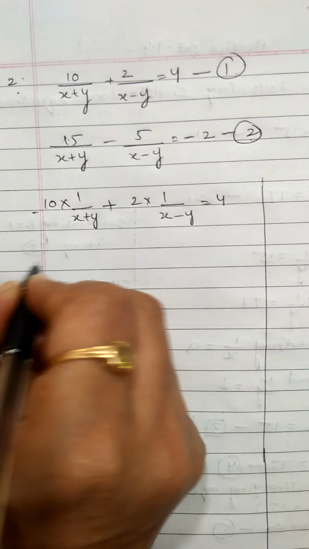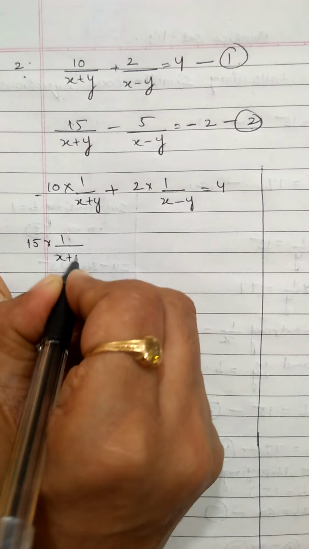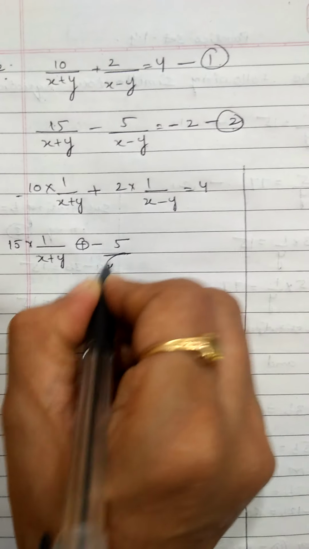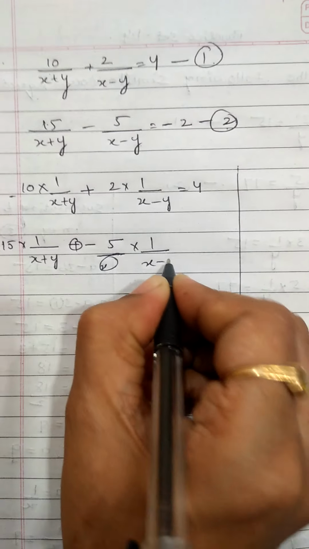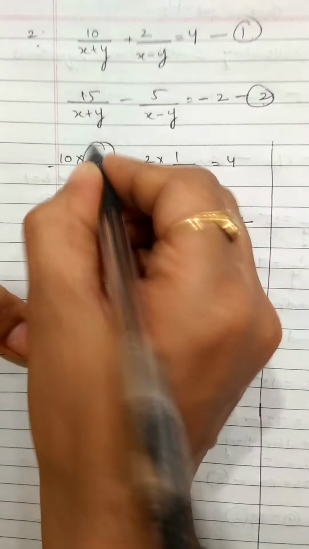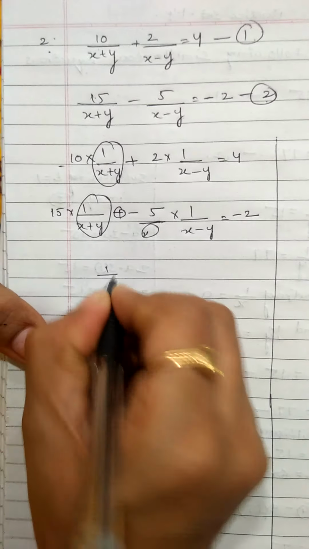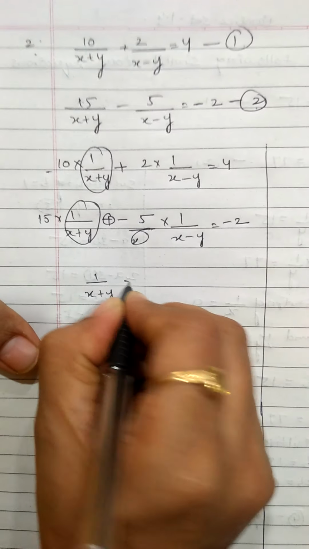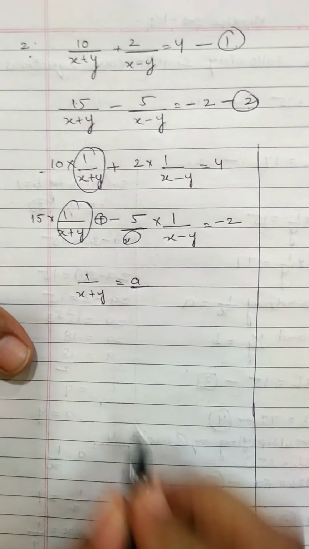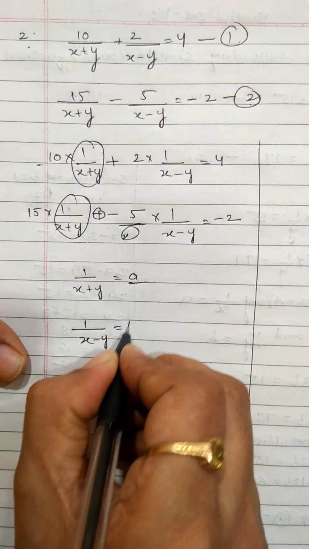Similarly, I can write the other equation as 15 into 1 upon x plus y minus 5 into 1 upon x minus y is equal to minus 2. Wherever I have 1 upon x plus y, I can take a or m, anything. So I am taking m here, and wherever 1 upon x minus y is there, I am writing like this.